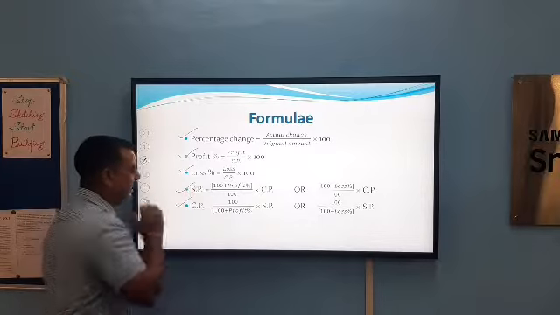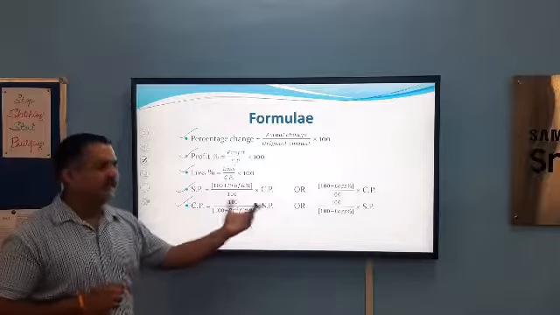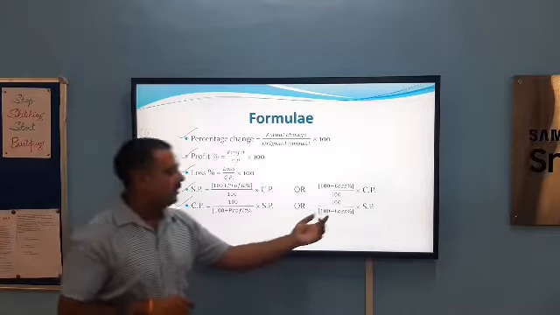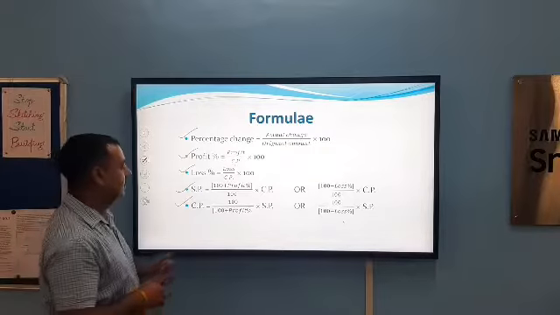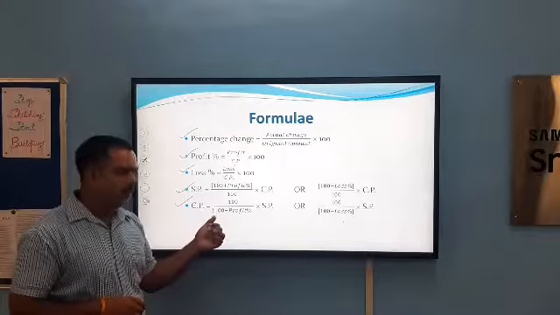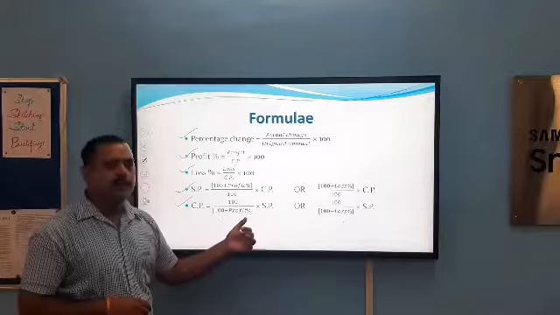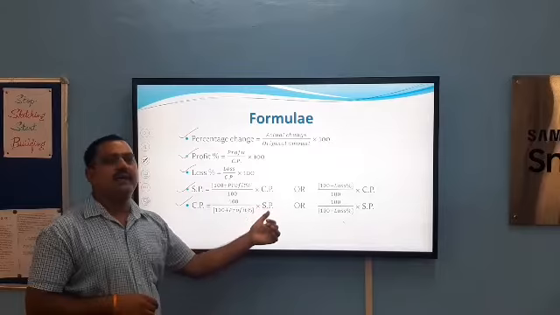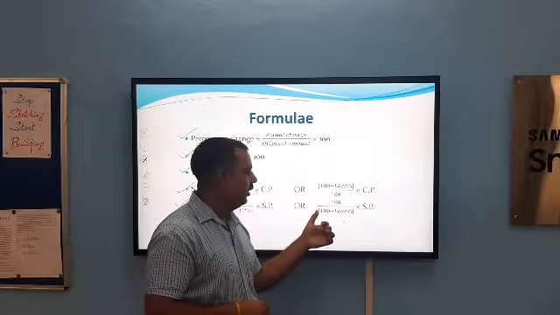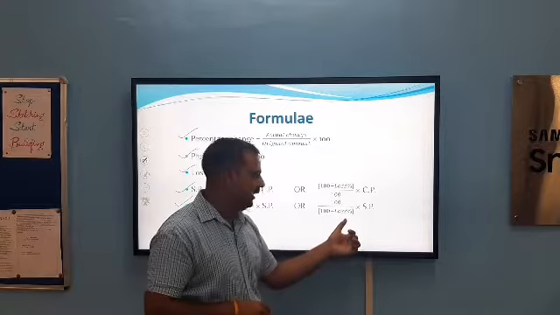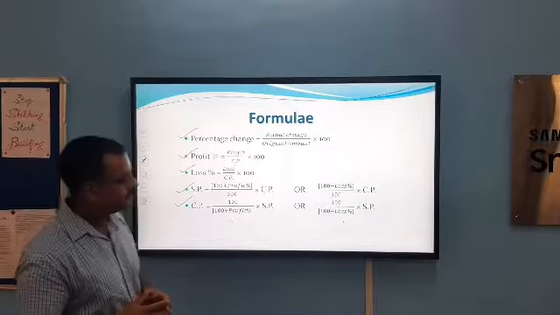Now again, there is a formula for cost price. If we know the profit percent and selling price, or the loss percent and selling price, then how do we find the cost price? The cost price is equal to 100 upon 100 plus profit percent multiplied by the selling price, or 100 upon 100 minus loss percent multiplied by the selling price.